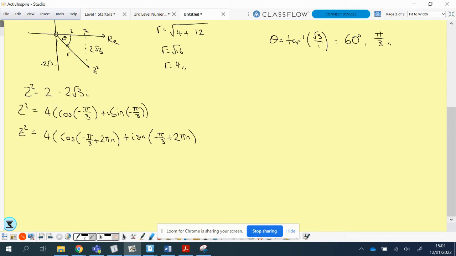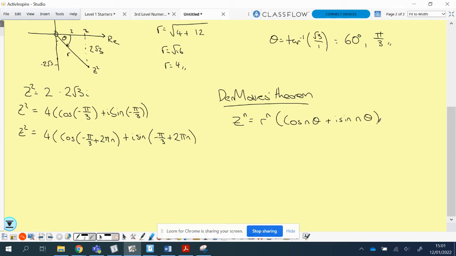So if you remember De Moivre's theorem, if we've got z to the n, it became r to the n cos n theta plus i sine n theta.